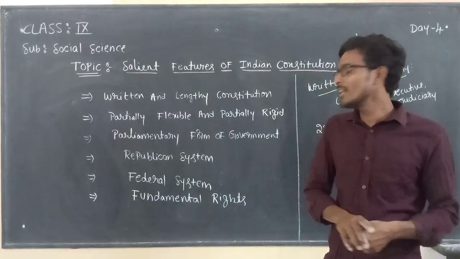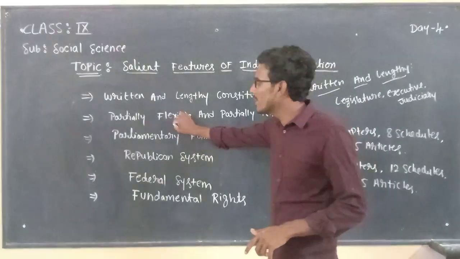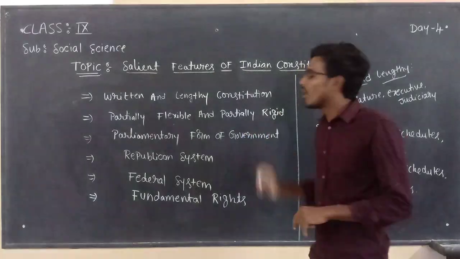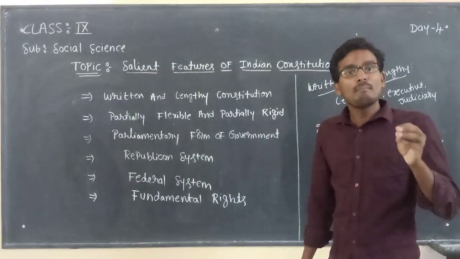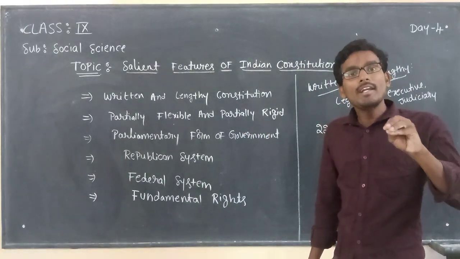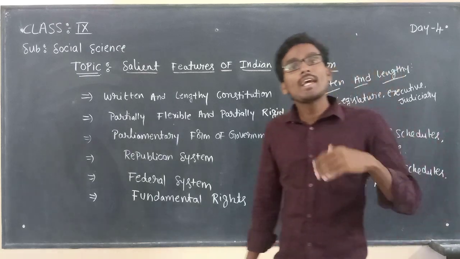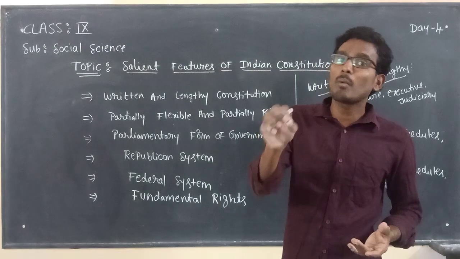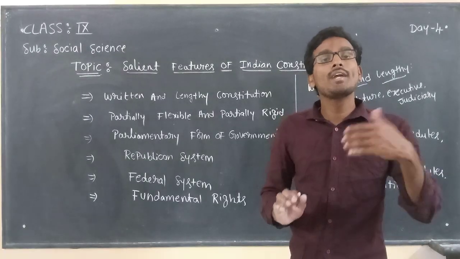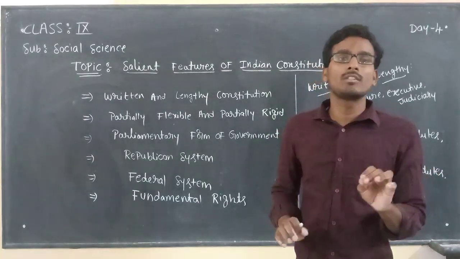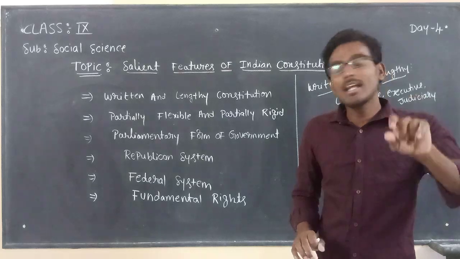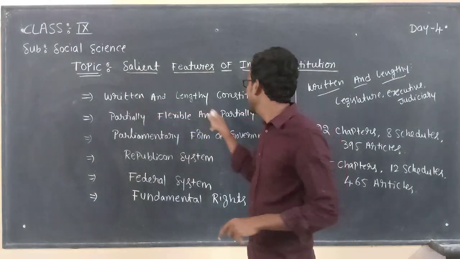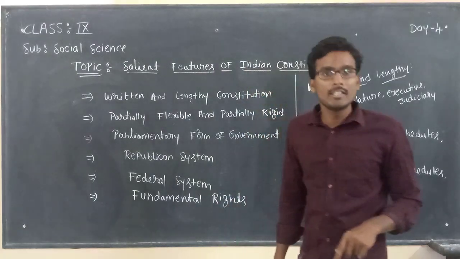So, due to that reason, our constitution is considered a flexible constitution and also a rigid constitution. Some parts of the Indian constitution we can change only through some special process. That is why the Indian constitution is partially flexible and partially rigid.